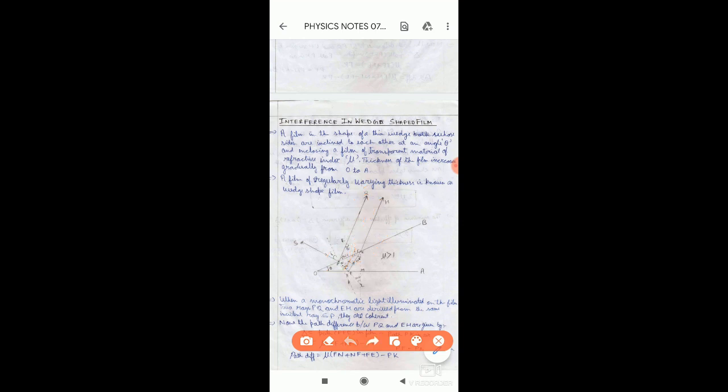When monochromatic light is incident on the upper surface of the thin wedge shape film, you get the two rays PQ and EH. Now the path difference between PQ and EH is given by path PEF in the film minus path PK in air.